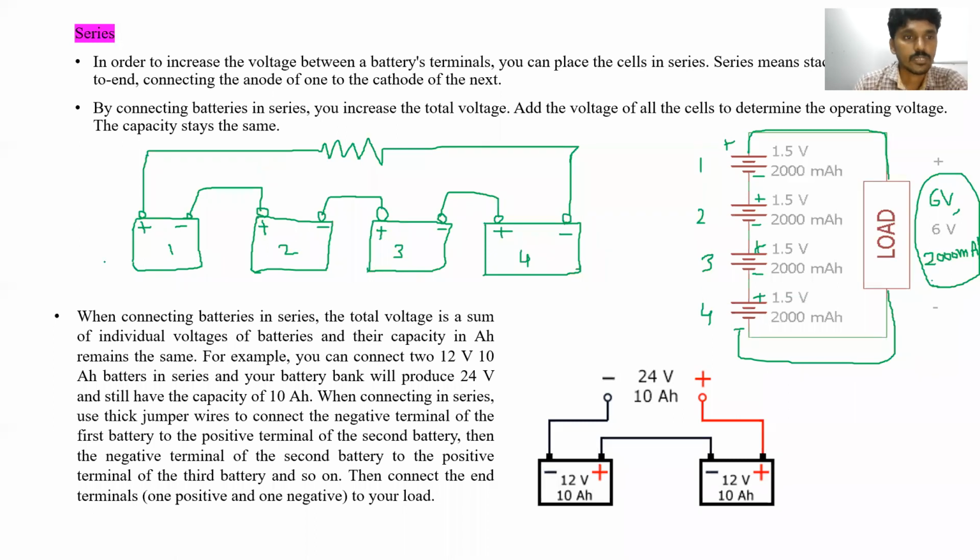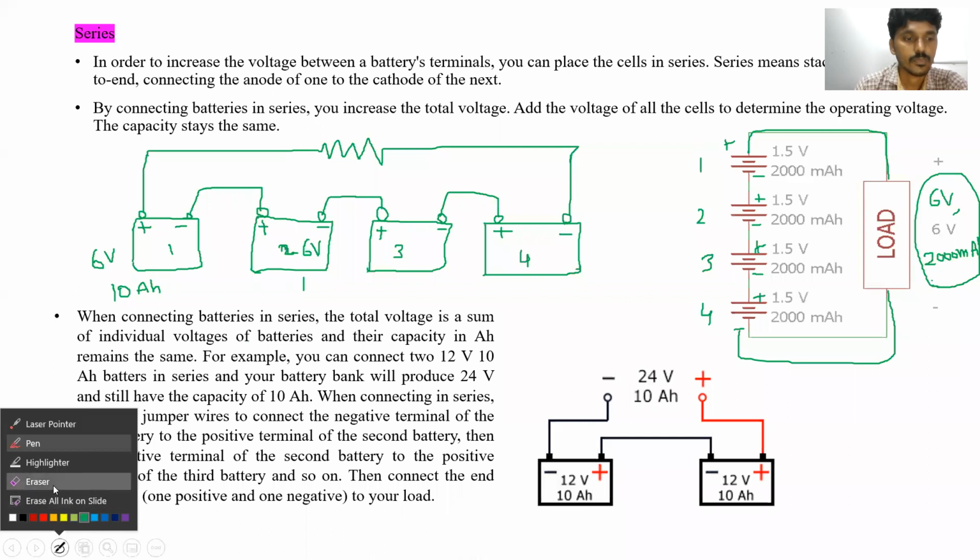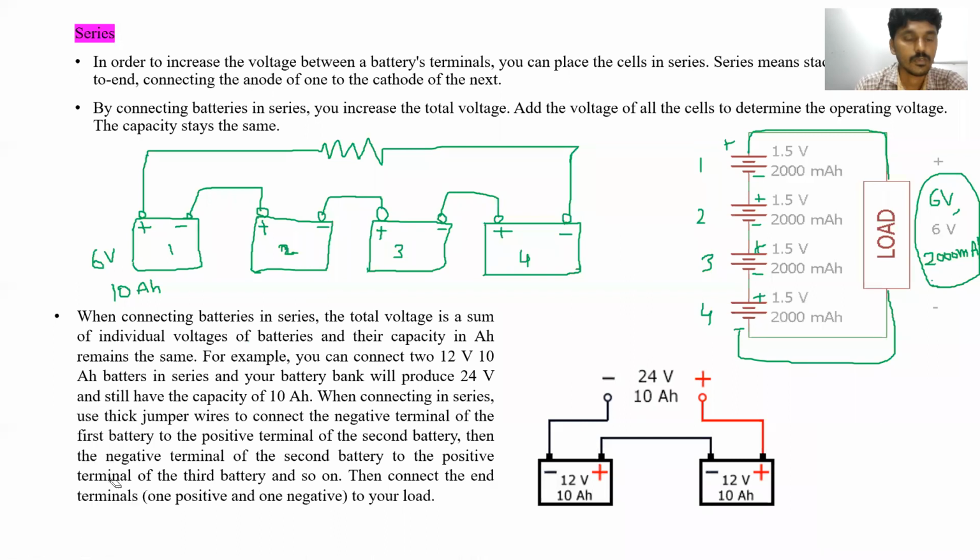Okay, so for example, if the first battery's voltage is 6 volts and 10 ampere hours, since the rated value of the battery, the second one is also 6 volts, 10 Ah, just wait. This is also the same, 6 volts, 10 Ah.